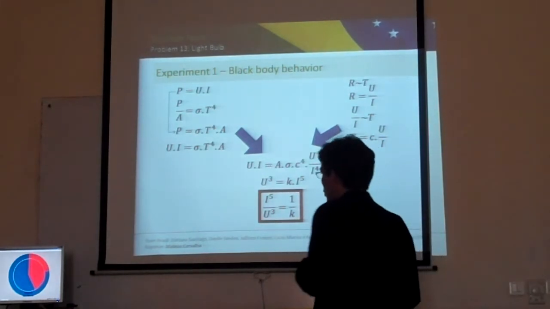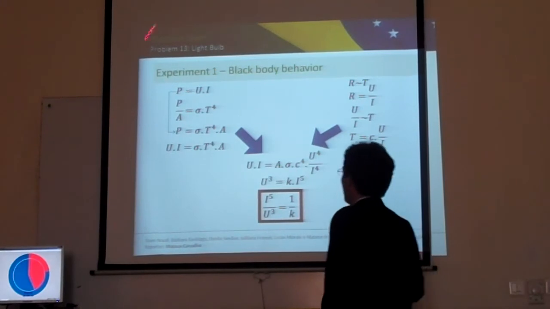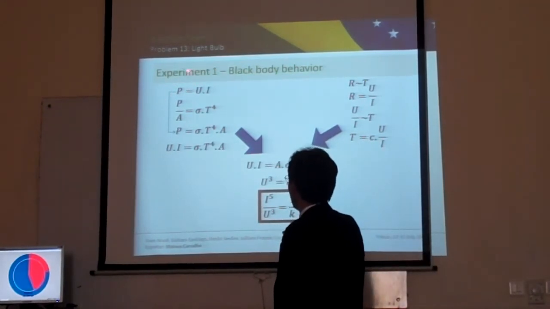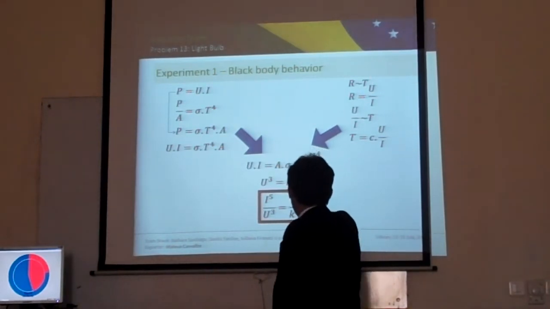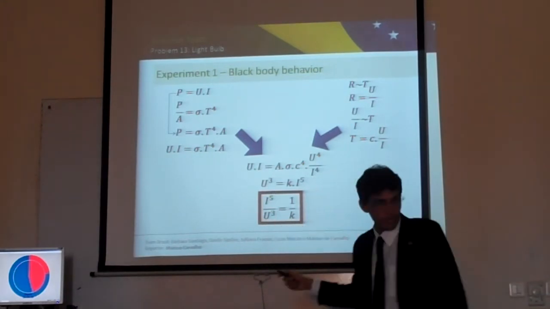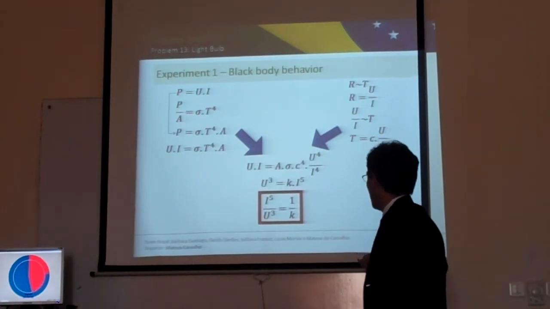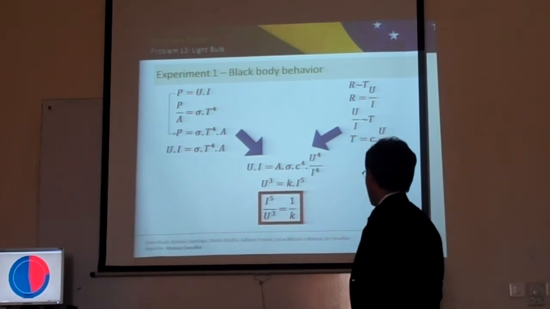First, we have to know if the bulb is a black body. With this expression, you see how the power of the lamp and of the black body behave, and here how the resistor behaves. Developing it, you see that if this expression is constant, the body will behave like a black body.